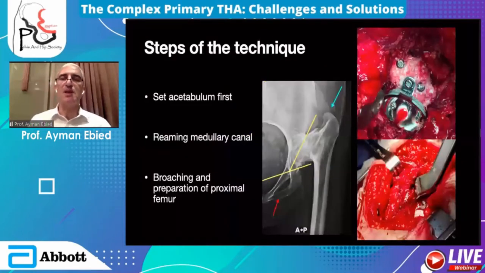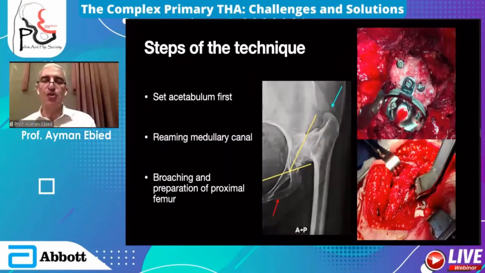The steps are to establish the center of rotation of the hip first, so restore the center of rotation of the hip by performing the acetabulum first. Start reaming the femoral canal and make sure that you can ream it adequately, because on many occasions we have a very narrow medullary canal that needs manual reaming and perhaps power reaming of the diaphysis before you can insert your broaches into the proximal femur.